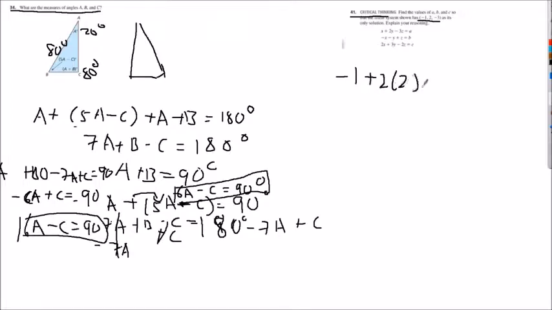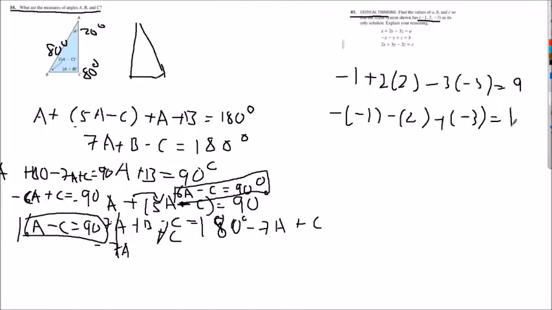Negative 1 plus 2 times 2 minus 3 times negative 3 is equal to a. Negative 1 minus 2 plus negative 3 is equal to b, and 2 times negative 1 plus 3 times 2 minus 2 times negative 3 is equal to c.